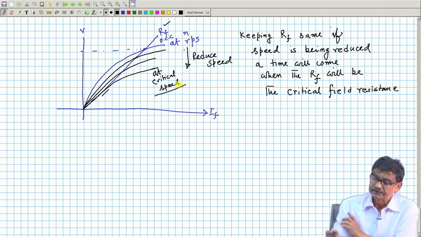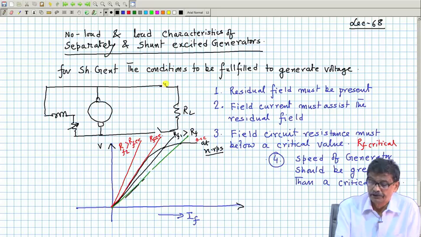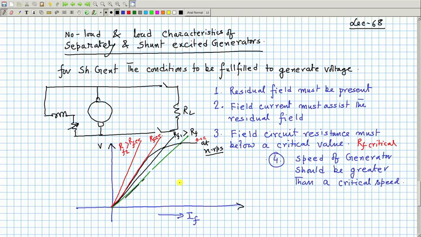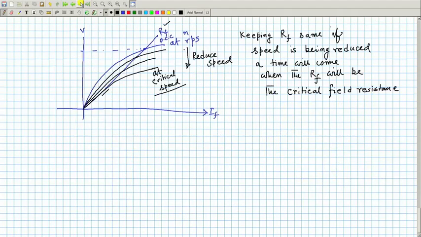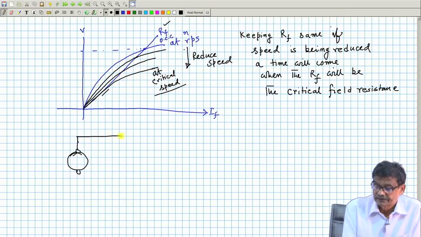Apart from the fact that last time we discussed a shunt generator, the load test will be when you close the switch, and the load characteristics will go like this. So, for a shunt generator, always draw like this.